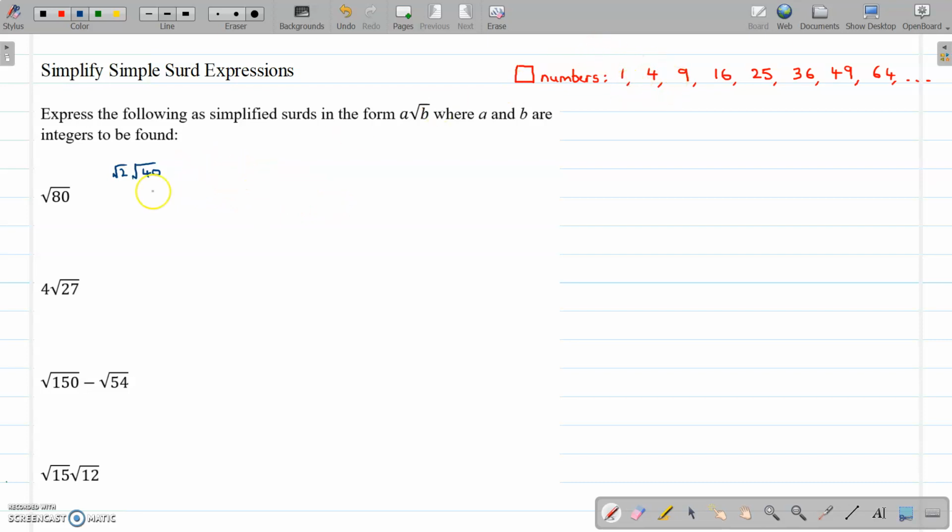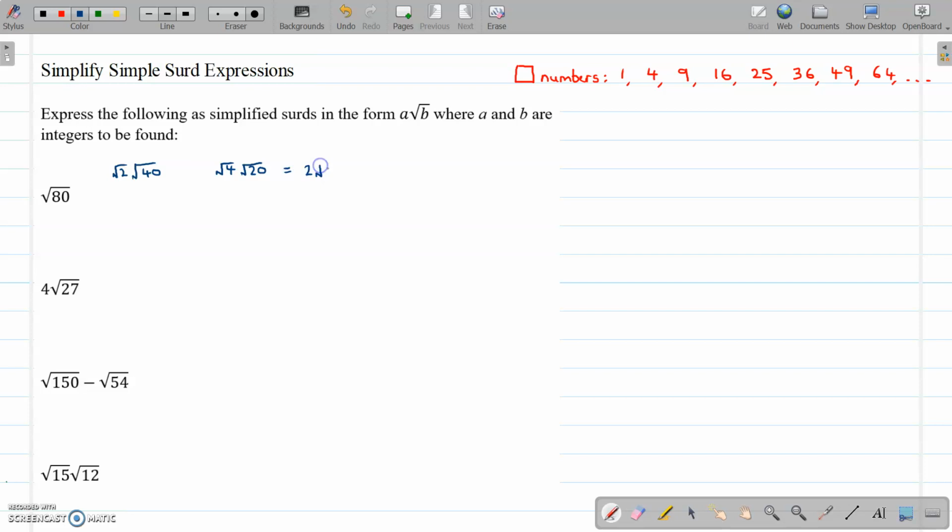Now what we do is start looking for square numbers that are factors of 80, and we're looking for the largest one. Going along the list, 4 is a factor of 80, so you can write root 80 as root 4 times root 20. That's perfectly true. Then root 4 is 2, so that can be written as 2 root 20.